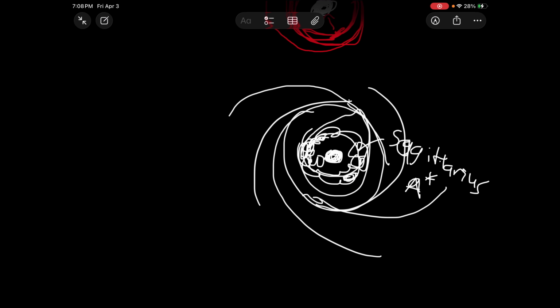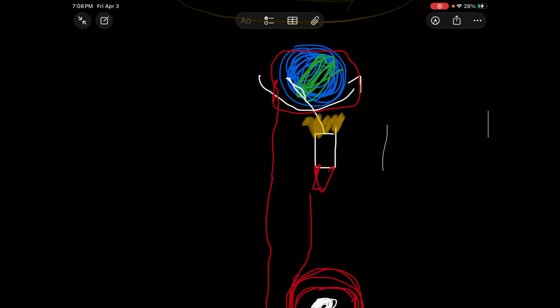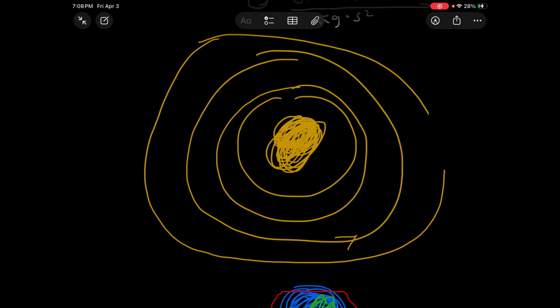Basically, our galaxy is a spiral galaxy, and how we can use this to get from the Earth to the Moon, or from the Earth to Mars, and why the planets orbit the Sun.